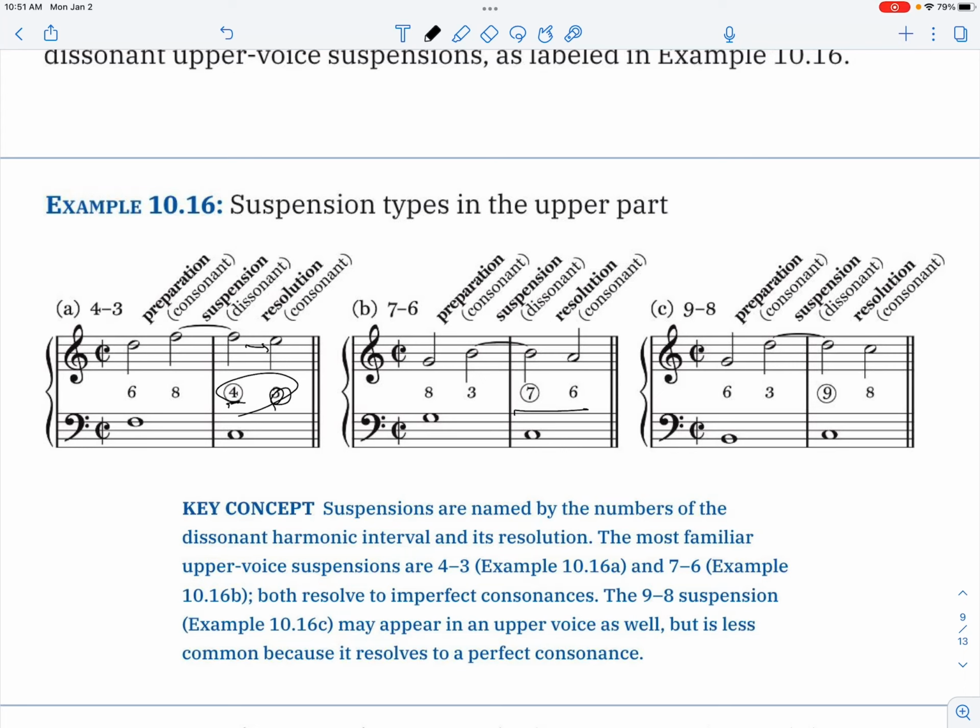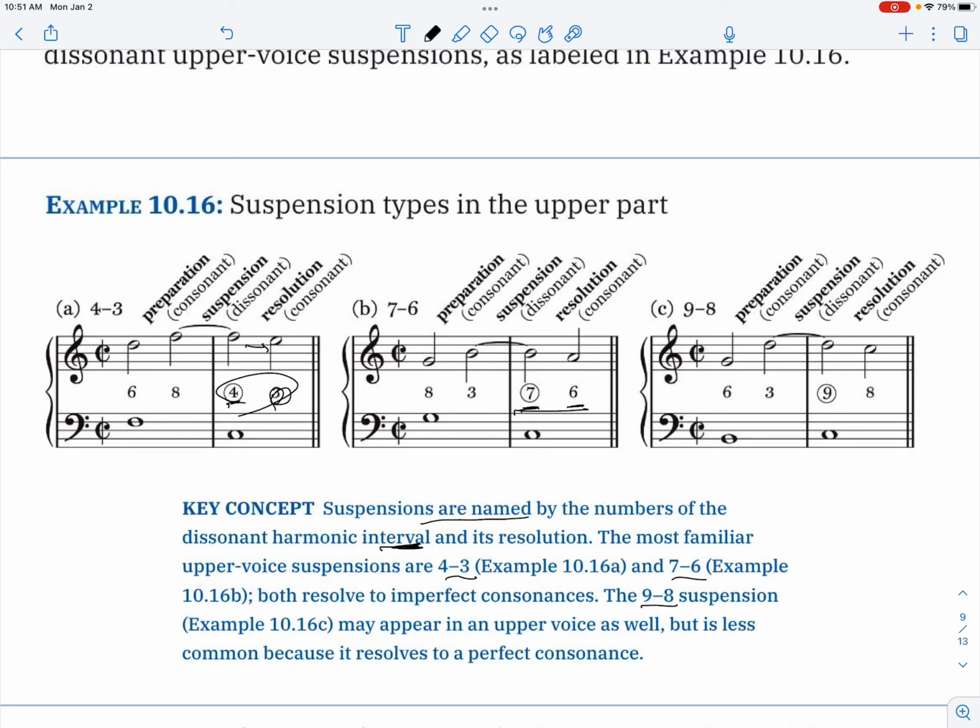The next one is 9-8: preparation, suspension, resolution. Like I said, suspensions are named by the dissonant harmonic interval and its resolution, so the suspension interval, and the interval after that. The most familiar upper voice suspensions are 4-3, 7-6, and 9-8.